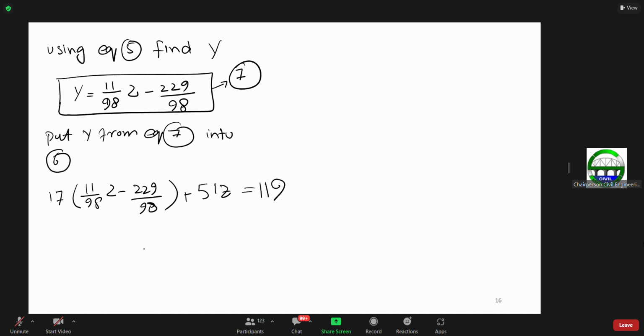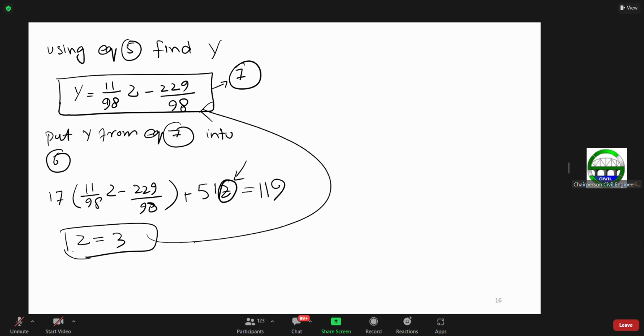the value of z will be equal to 3, because you only have one unknown, which is z, and everything else is known. Once you have the value of z, put it in equation 7 and find the value of y. You will see the value of y is equal to minus 2.